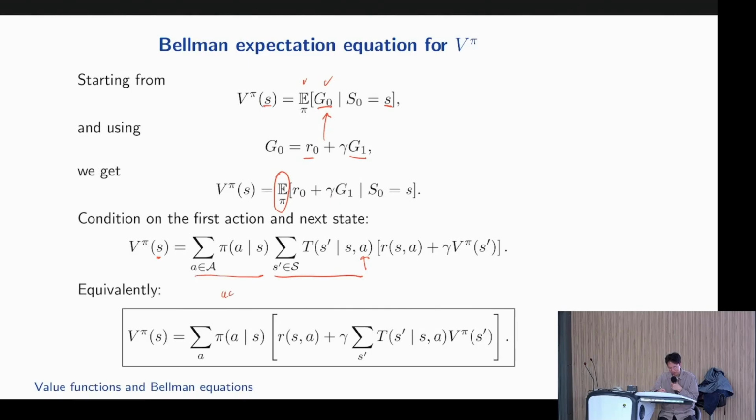This is the action given S. This is the expectation over the next state, S prime, of the immediate reward plus discount times the value of the next state. This equation is called the Bellman equation for the value function.